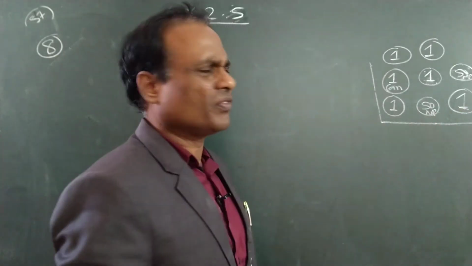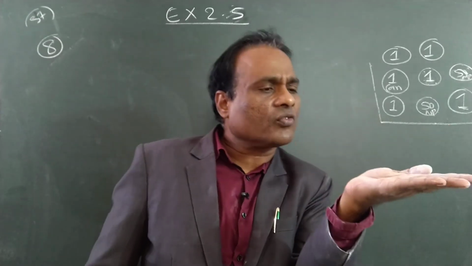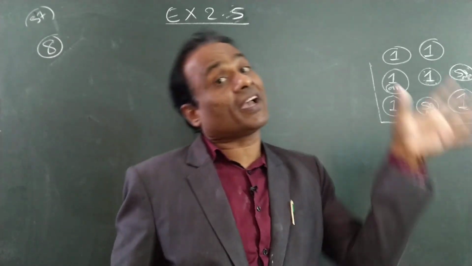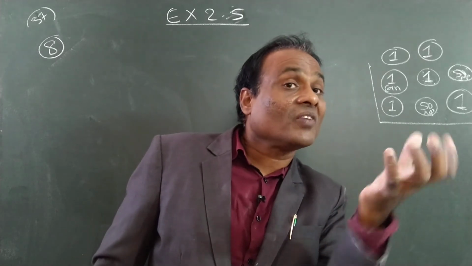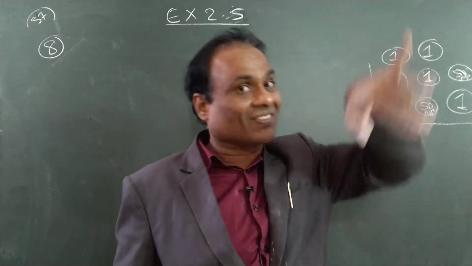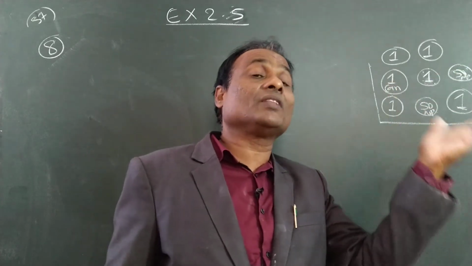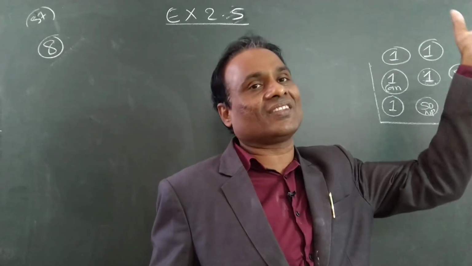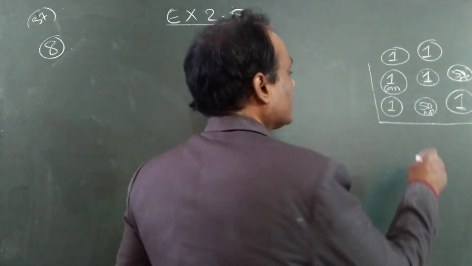If you have 1 50 NP coin, 1 rupee coins will be 3. If you have 2 50 NP coins, 1 rupee coins will be 3 times, so 6. If you have 3 50 NP coins, 1 rupee coins will be 9, like that, into 3.